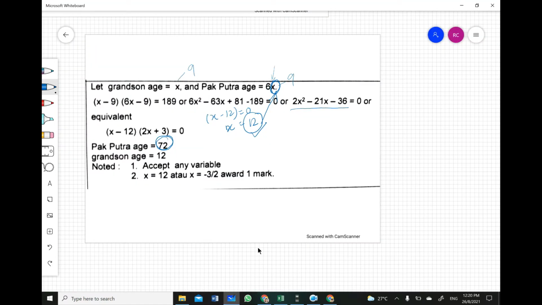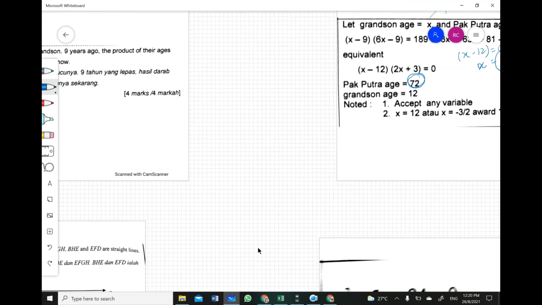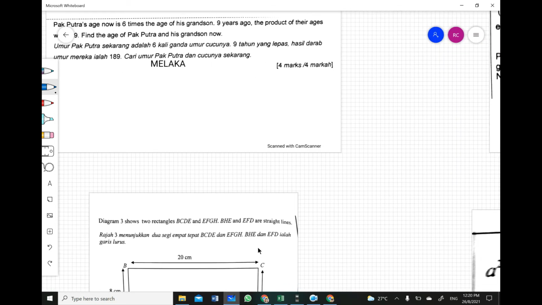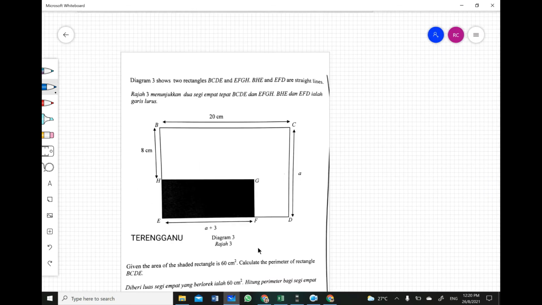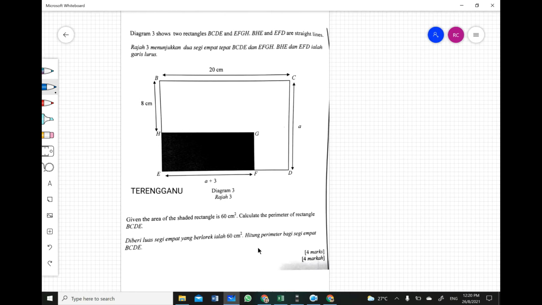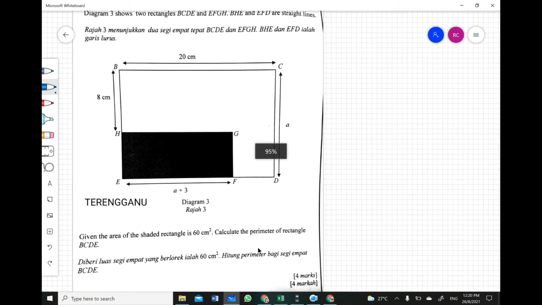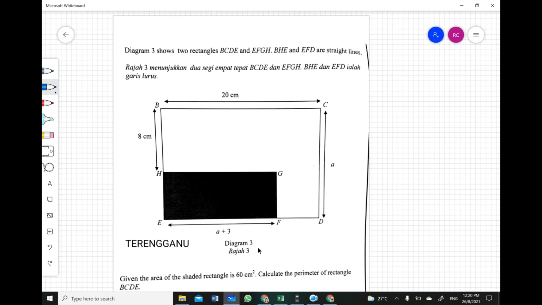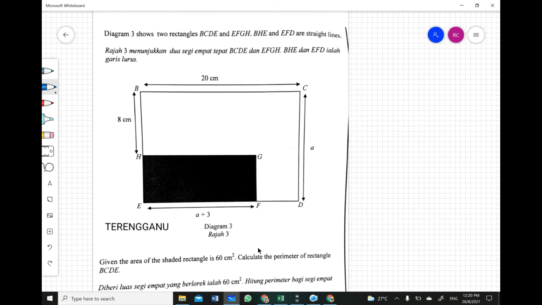Okay, I carry on. So it is 12:20 now. We still have about 15 minutes. One more question to go. This one is from Terengganu. The diagram shows two rectangles BCDE, the big one, and EFGH, the smaller one.